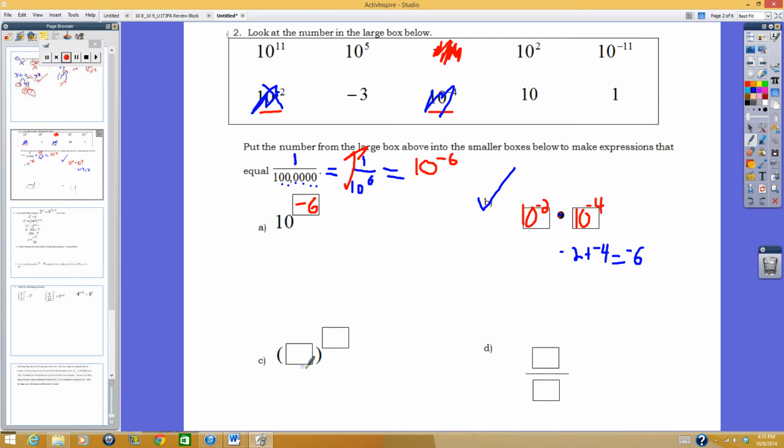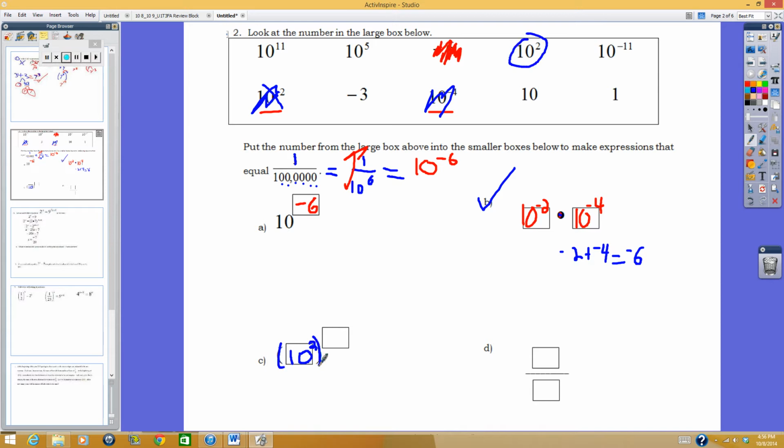Alright, let's go to this. I know that I need 10 to the something power in here. What can I use that's pretty small? I know I can't multiply anything by 5 to get negative 6. Well, you can, but none of these options. 11 is too big. Let me try this. Let me try that 10 to the 2nd power.